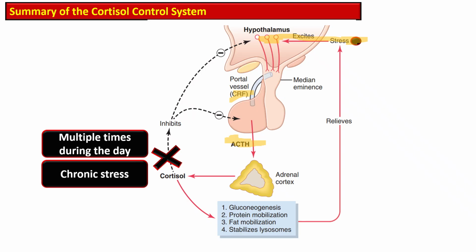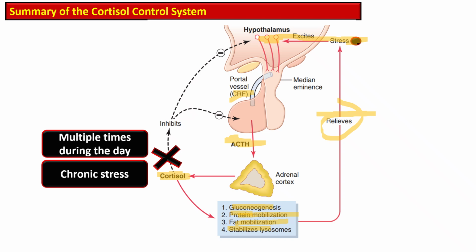And this ACTH acts on the adrenal cortex to secrete cortisol, and cortisol then mobilizes energy by enhancing gluconeogenesis, protein mobilization, that means amino acid release, fat mobilization, and stabilizes the lysosome. It helps the body cope with the damaging effect of stress.